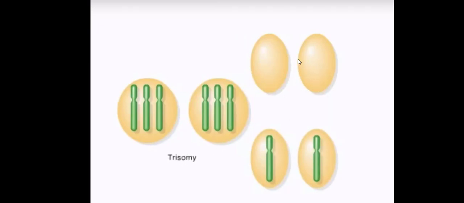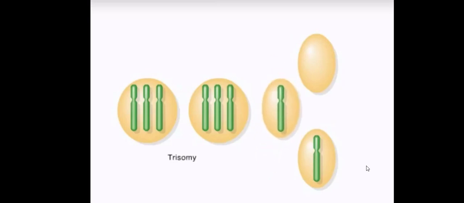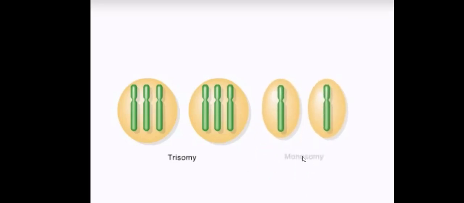When the other cells that do not contain any copy of the 21st chromosome fuse with a normal gamete, what will be produced? Monosomy, which isn't included here. So in trisomy, for example, this zygote contains 3 copies of the 21st chromosome, like in Down syndrome.